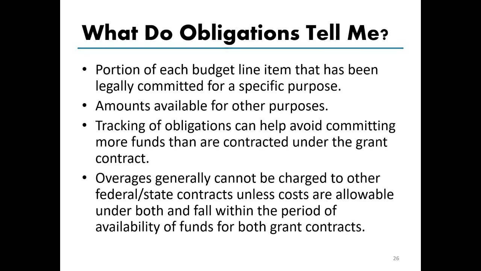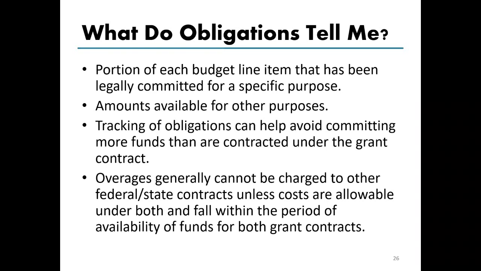So what do obligations tell us and why are they important? Basically, when you look at the total obligations and accrued expenditures for a particular cost category on your report, that tells us what you have legally committed against your contract for each particular cost category that has been established. It also tells you how much you have remaining to do other things with within the contract period.